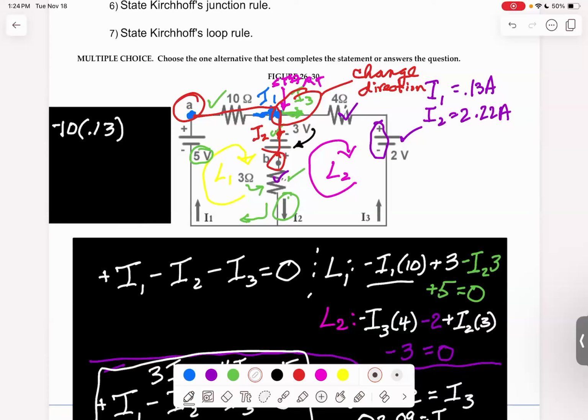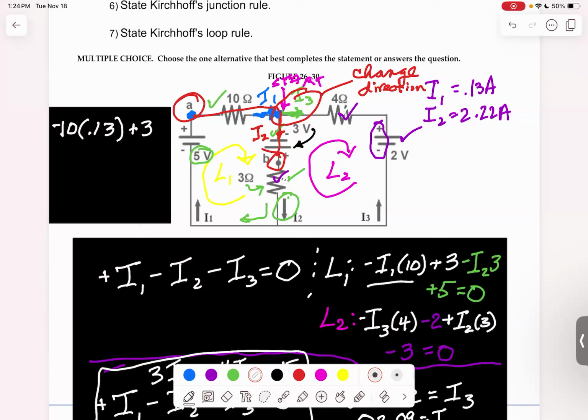And then following this path right in here, we're going to see a voltage increase. So +3 over there. And so let's see what I get when I do the math here.